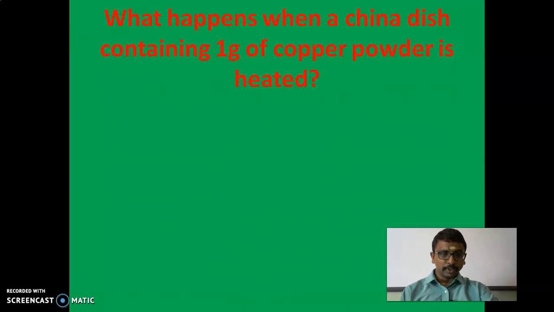So that copper powder is placed in the china dish. What will happen? What is the formula for copper, children? Cu. When we heat it, it will form copper oxide. The copper oxide formula is CuO.